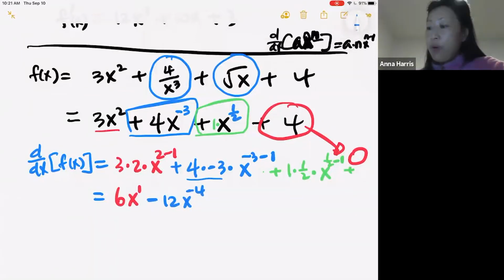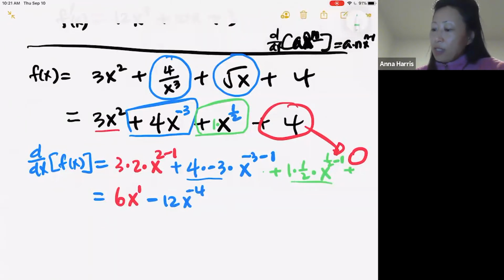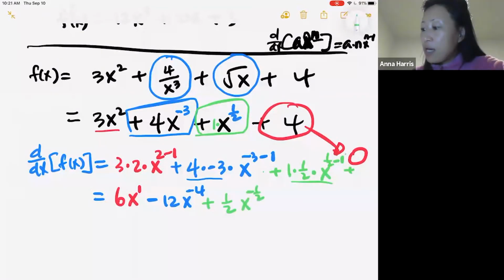Negative 3 minus 1 gives me negative 4 power. Next one, 1 times half gives me still half. x to the what then? Negative 1/2. 1/2 minus 1 gives me negative 1/2 power.